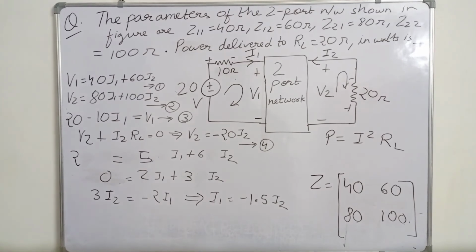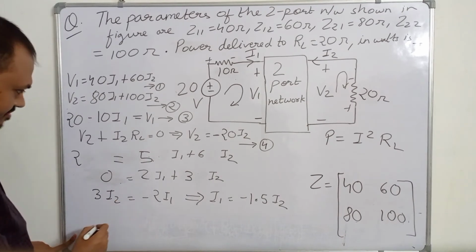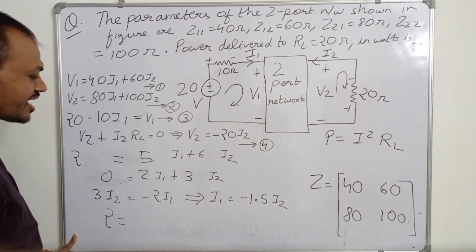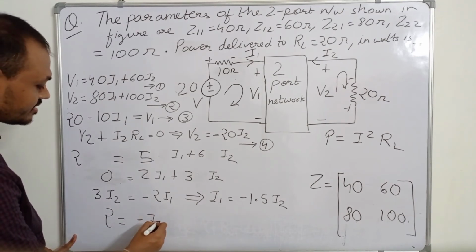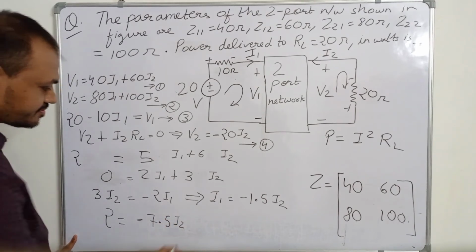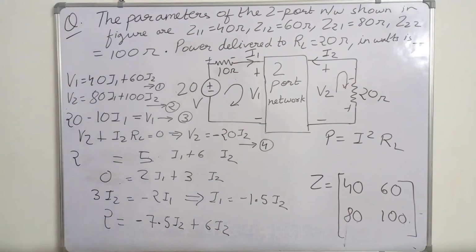So if you substitute it here, then you will get 20 equal to 50 into minus 1.5 I2 plus 60 I2, so minus 75 I2 plus 60 I2.